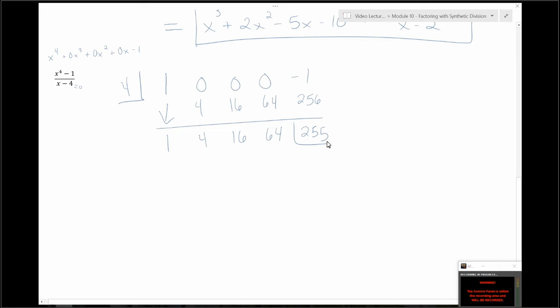So, just to jump exactly to the answer, this is our polynomial. These are the coefficients. So x cubed plus 4x squared plus 16x plus 64 plus 255 over x minus 4.